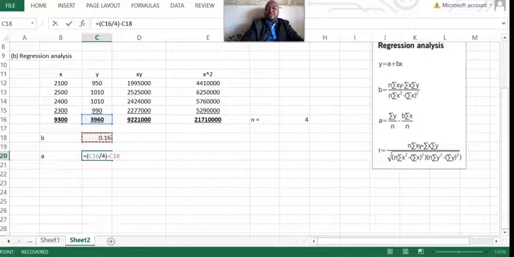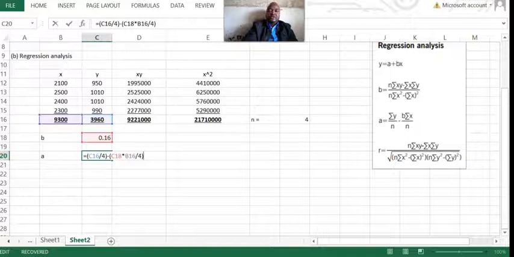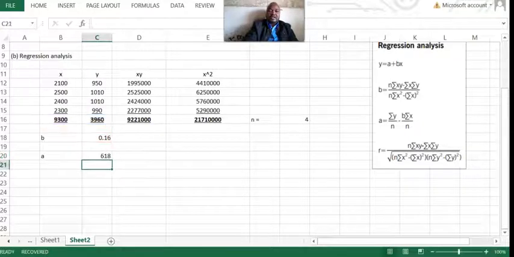Minus b multiplied by summation of x over 4. Here you can as well put a bracket so that your formula is neat. Get your 618.